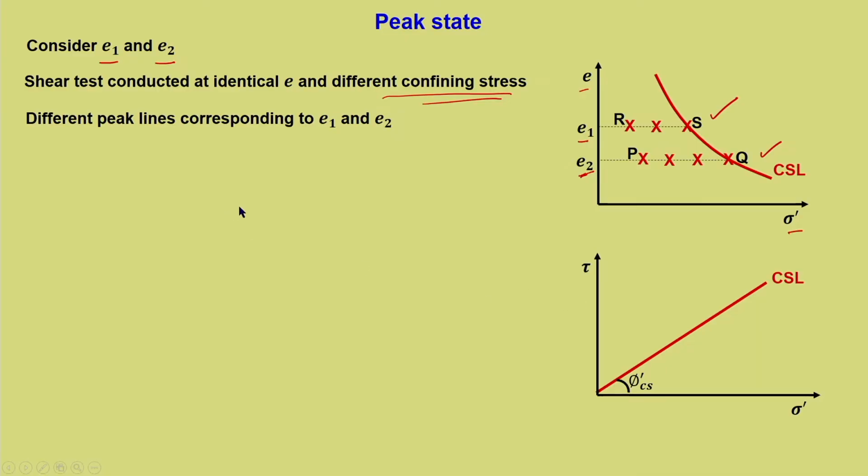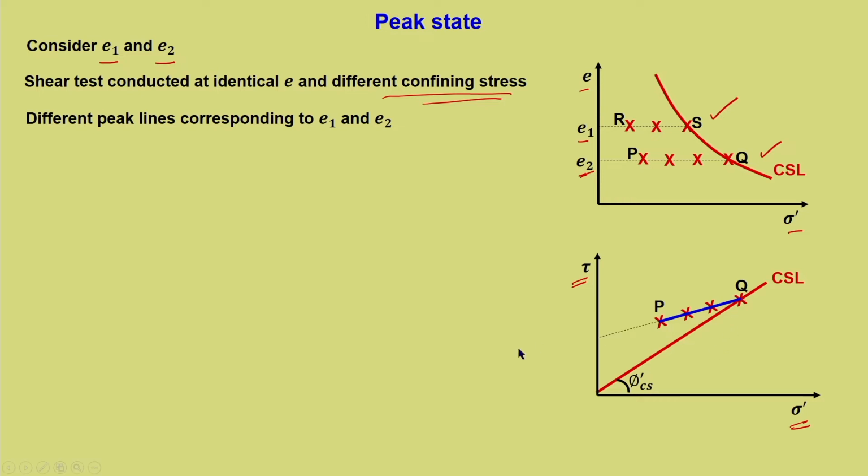So, let us try to do the same thing here, tau versus sigma'. This is the critical state line, and for e2, that is at a smaller void ratio, we get the 4 points here, the last point being on the critical state line. So, the peak line is PQ, which meets the critical state line at point Q.